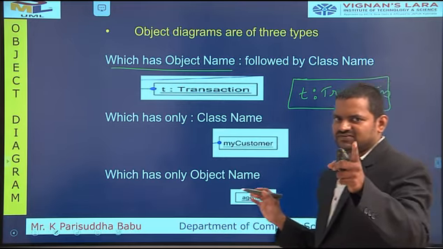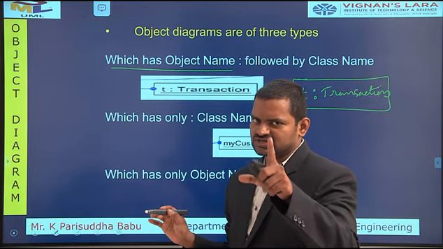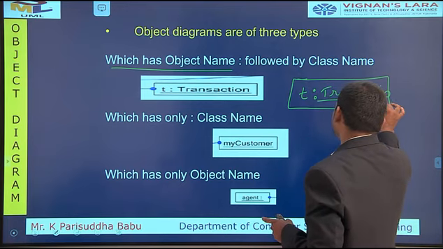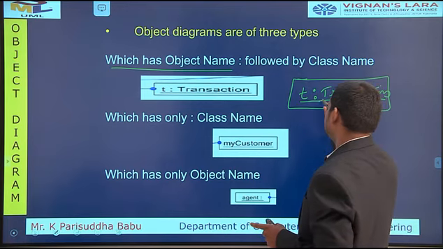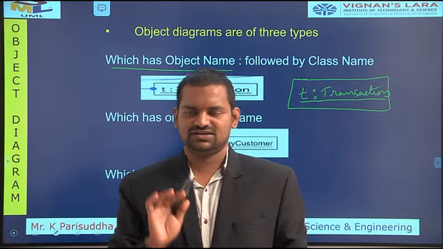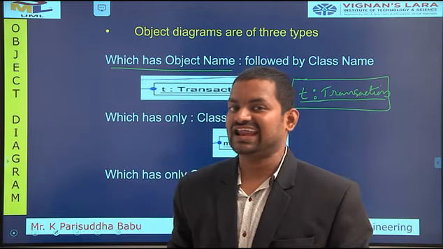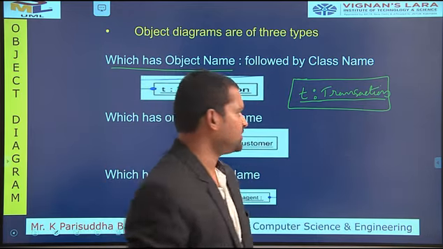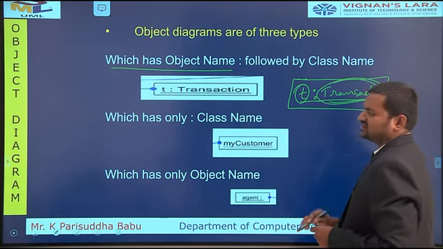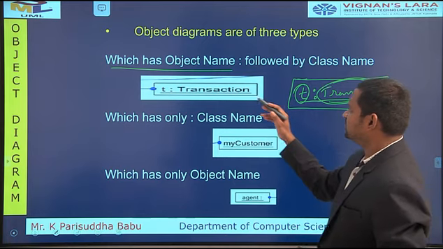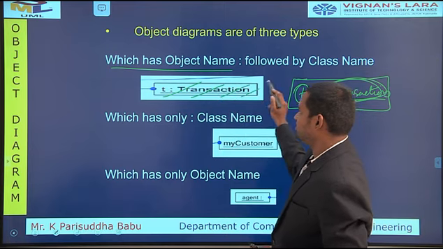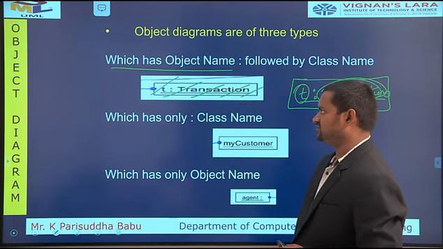The major difference between a class and an object is that an object's name is underlined, while a class name is not underlined. That is the only difference. So T is the object with the class Transaction. So it has the object name followed by the underlined class name.